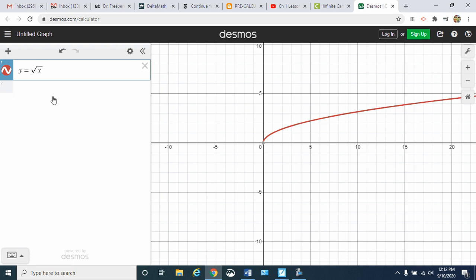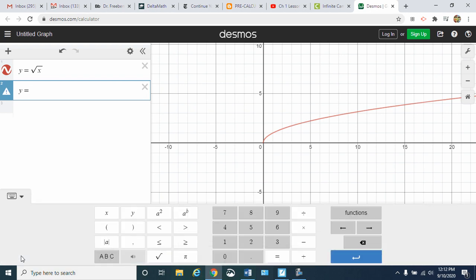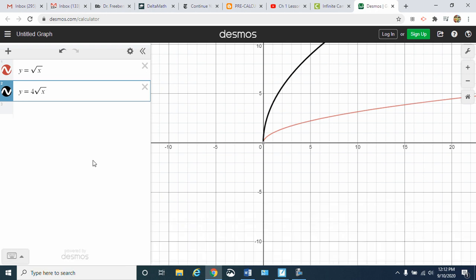And let's start messing around with our parent function. Instead of just the plain old square root, why don't we put a 4 in front of it? What do you think this is going to do to our parent function as far as shifting? Let's put the 4 first and then hit the square root and then the x. It affected our pattern, right? Normally, 0 times 4 is still going to be 0.